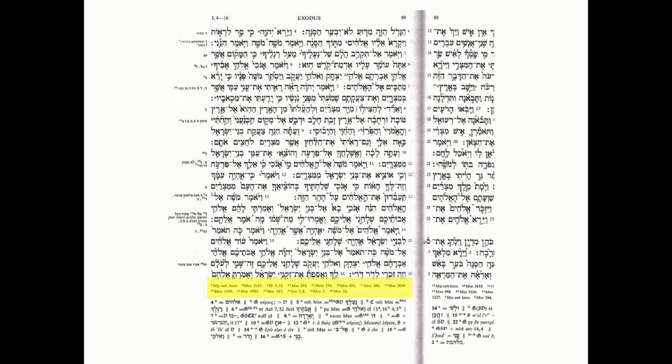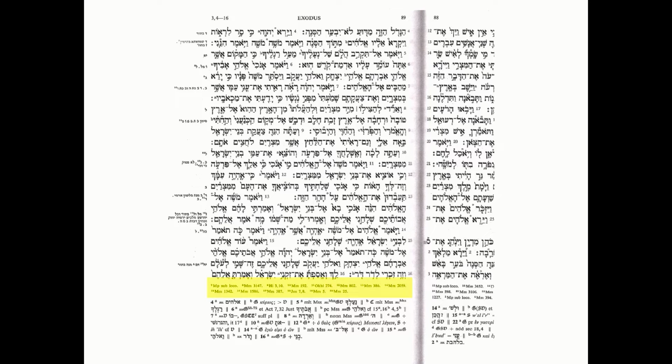The Masora Magna, which are references to a long list of notes published in a separate volume. Don't have to worry about that too terribly much. And then under the yellow there, you see this bottom apparatus, the critical apparatus. That's probably the most important part for the text critic. So let's take a closer look.